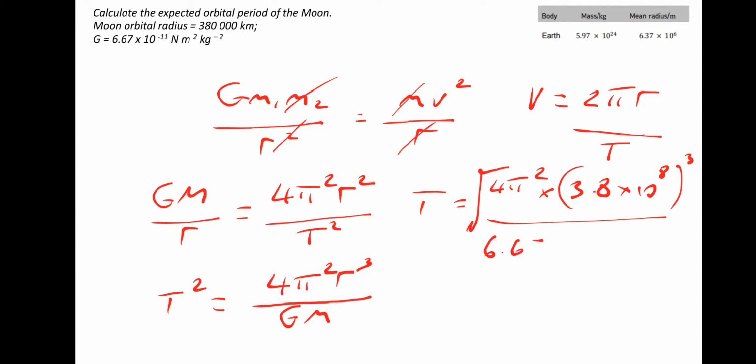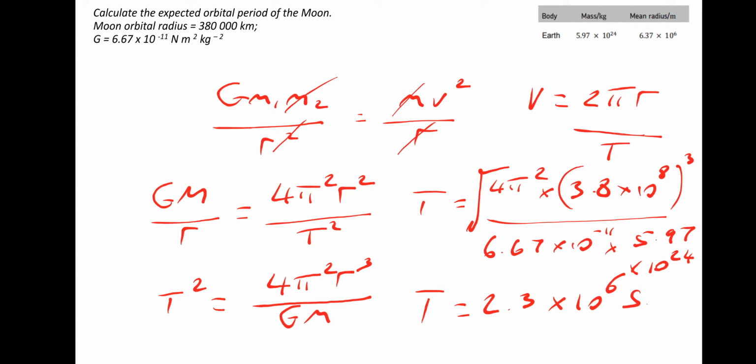So that's 6.67 times 10 to the minus 11 multiplied by the mass of the Earth, which is 5.97 times 10 to the 24. If you put that in your calculator, we get 2.3 times 10 to the 6 seconds. If you divide that by the number of seconds in a day, which is 86,400, we get 27 days.